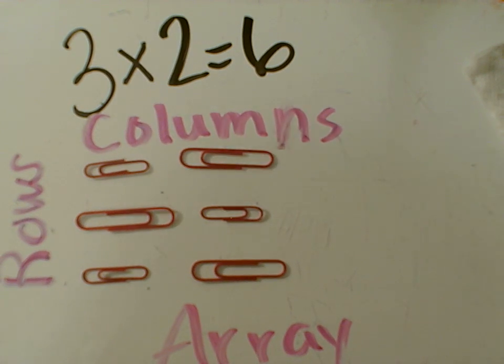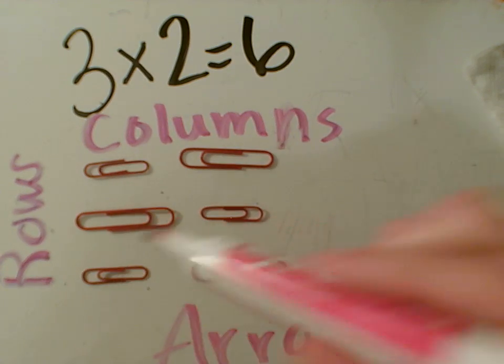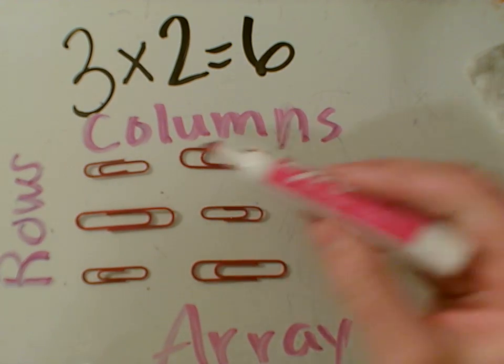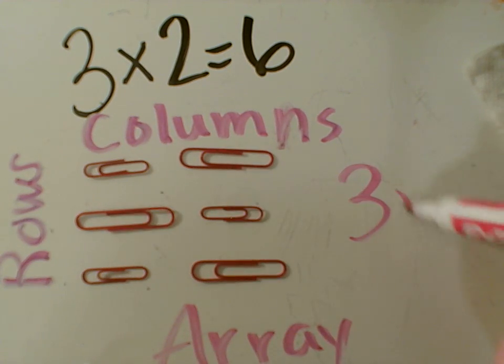Now, when we make our multiplication sentence, we look at the rows first. So how many rows are there? 1, 2, 3. 3 rows of what? 1, 2. So here is how we can make our multiplication sentence with an array.